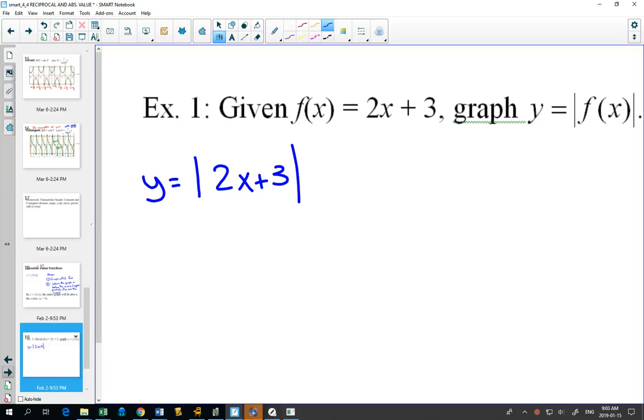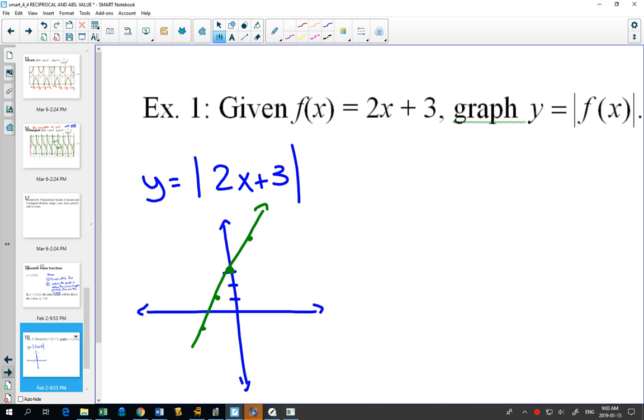So in grade 11, if I graphed 2x plus 3 first, I'd have a y-intercept of 3, a slope of 2. I would have an x-intercept of negative 1.5, 0.